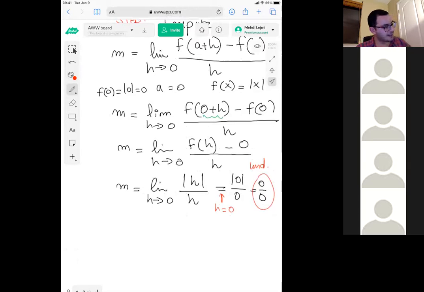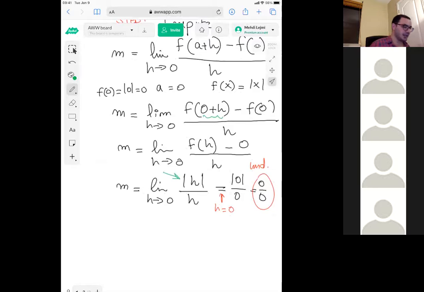So this absolute value of h here, the top, it's not just h. It depends on whether h is positive or h is negative. If h is positive, then yes, the absolute value of h would be h.